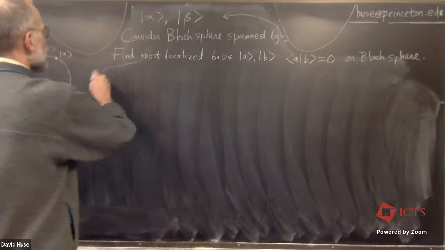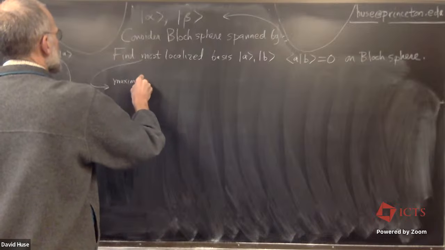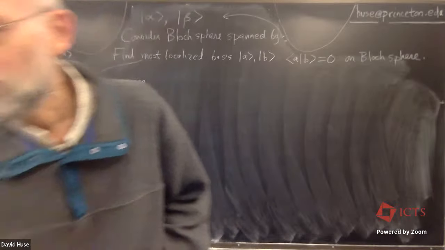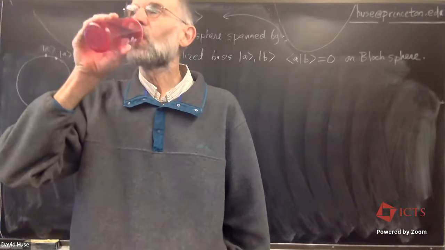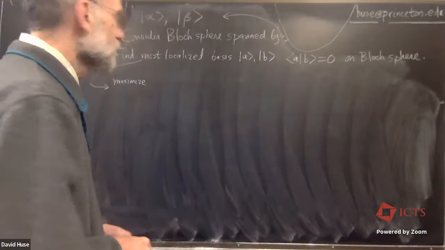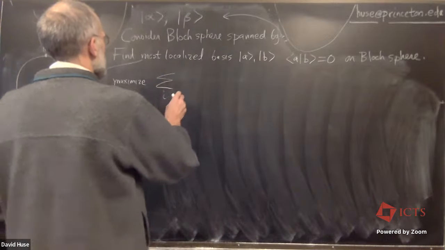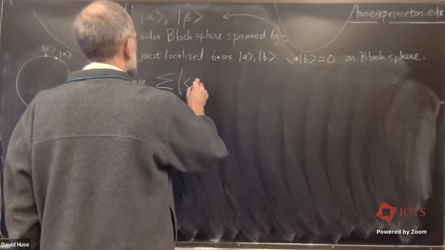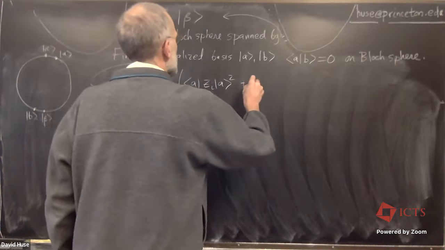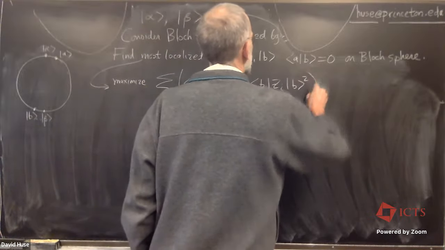And most localized means maximize... how do we know it's localized? We know it's localized because the spins have expectation values which are well away from zero. So we want to maximize the expectation values of the spins. So we maximize the sum over i of the expectation value in A squared plus the expectation value in B squared.